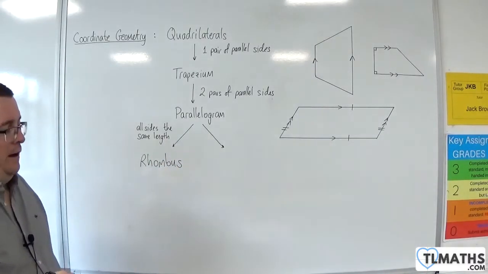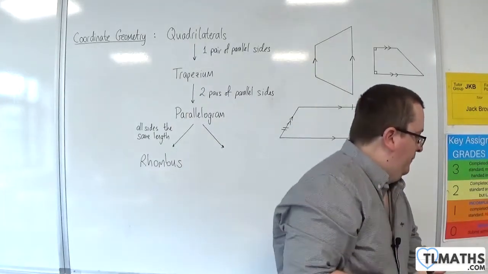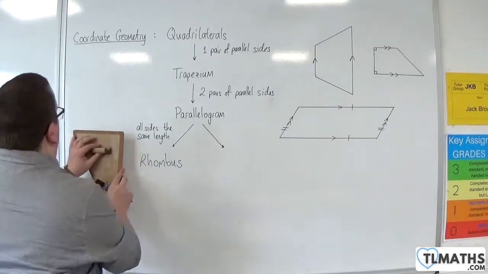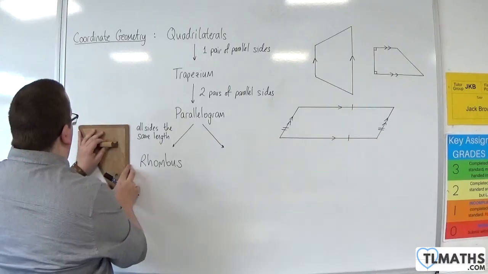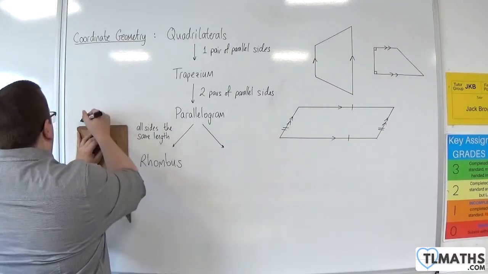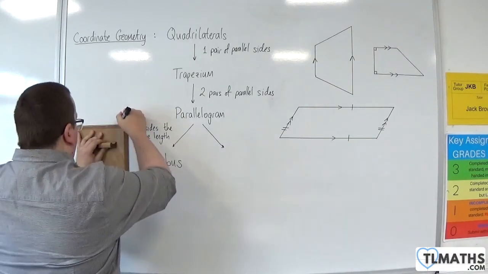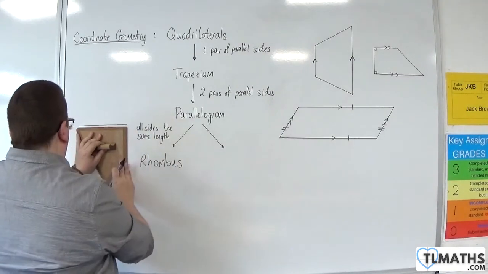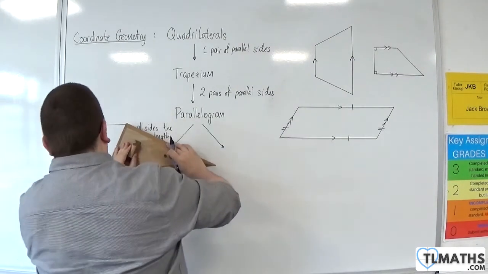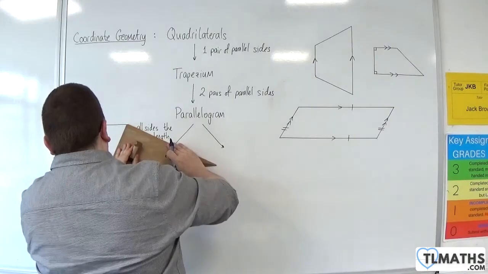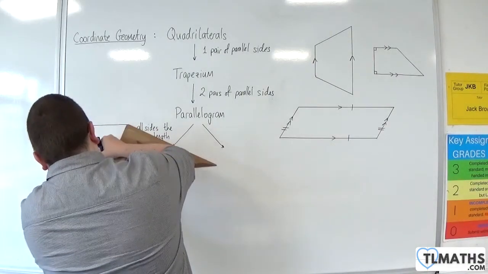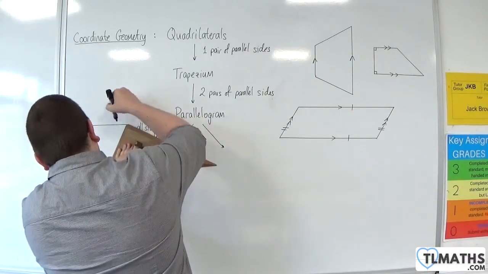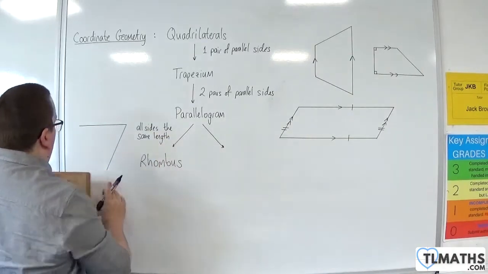Okay? Now, your rhombus, let's see. Now, this is going to be a little bit more tricky to draw. I will do my best. Well, I'm going to go off the board.